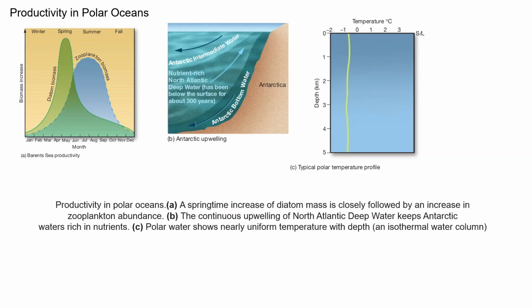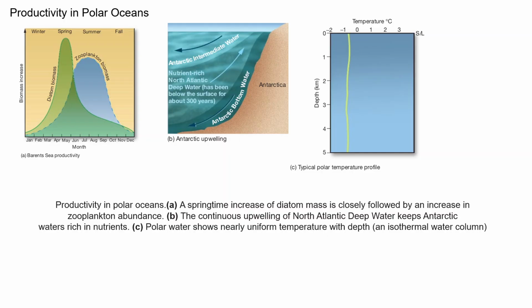In the third diagram, when you look at the typical polar temperature profile, you will see almost isothermal water. So the density and temperature change very little with depth in the polar region. Because these waters are isothermal, there is no thermal barrier, so there is mixing and high nutrient conditions.